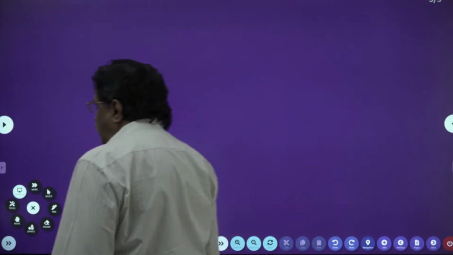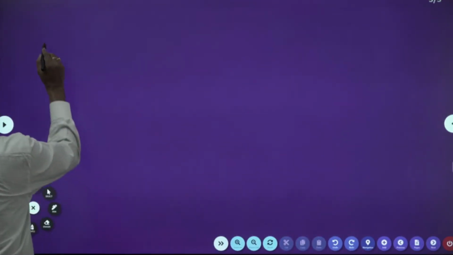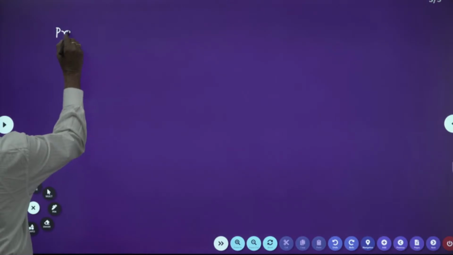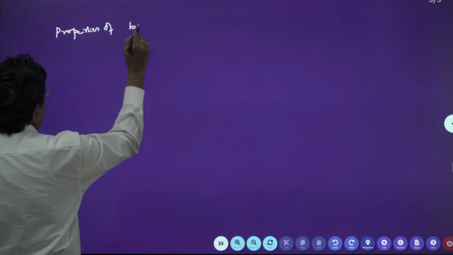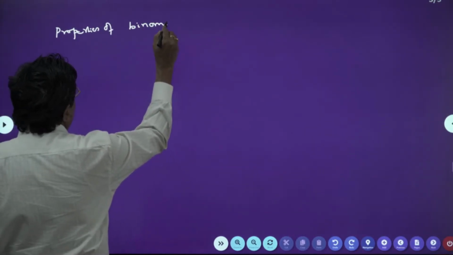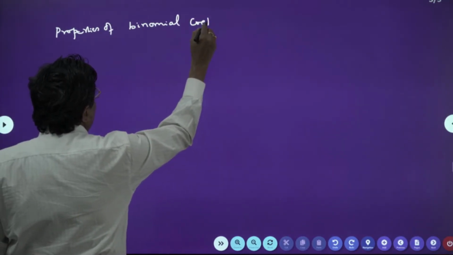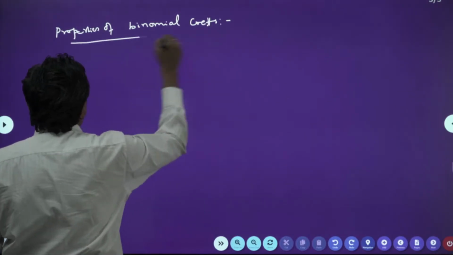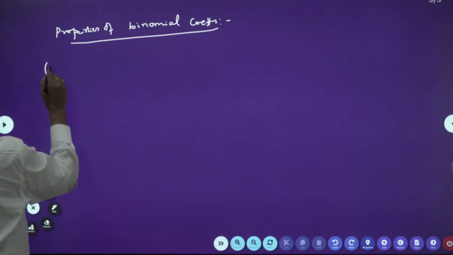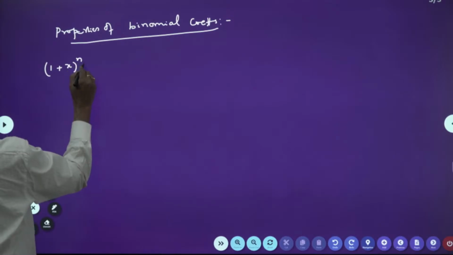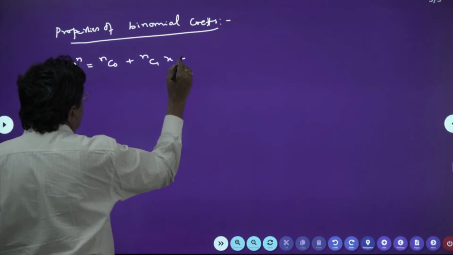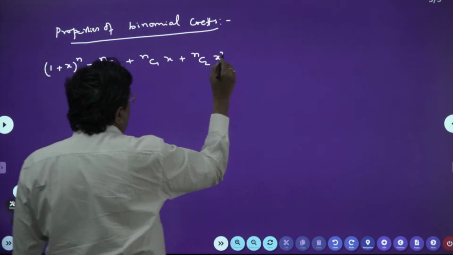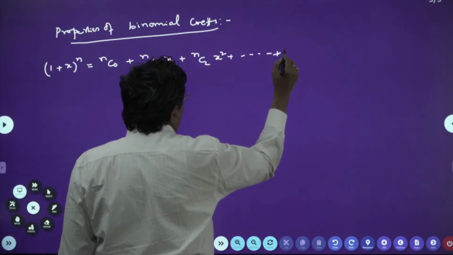And properties of binomial coefficients. If you consider (1 plus x) whole power n expansion, we have nC0 plus nC1 x plus nC2 x square plus so on plus nCn x to the power of n.